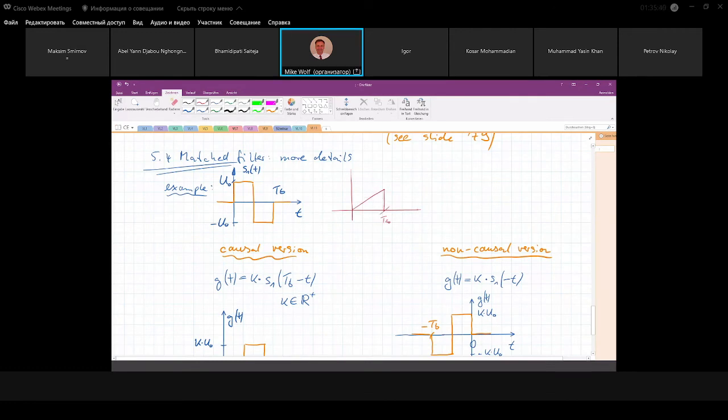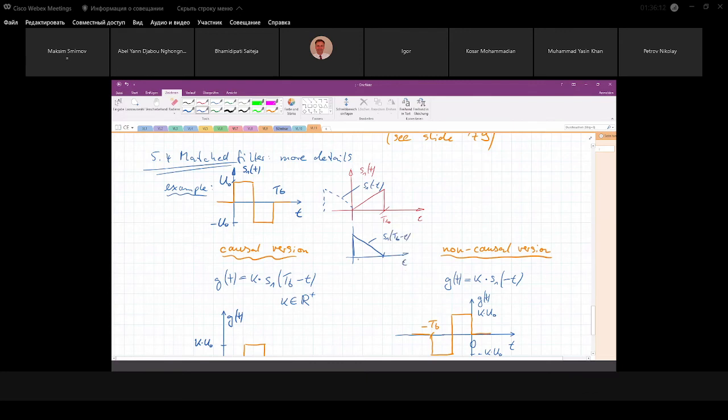This is Tb. This is T. This is S1 of t. Just as an example. No one would use this for modulation. And then if I just write here S1 of minus t, it looks like this. This is S1 of t. Now if I shift this S1 of minus t by Tb, it's like this. So this would be S1 of Tb minus t.